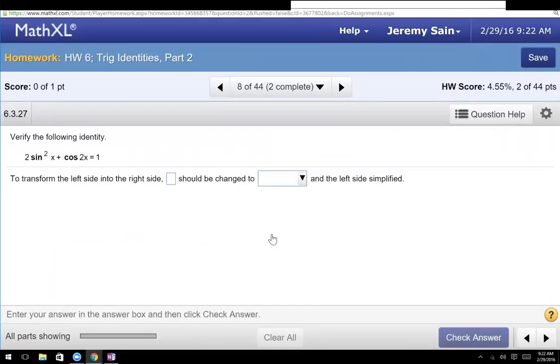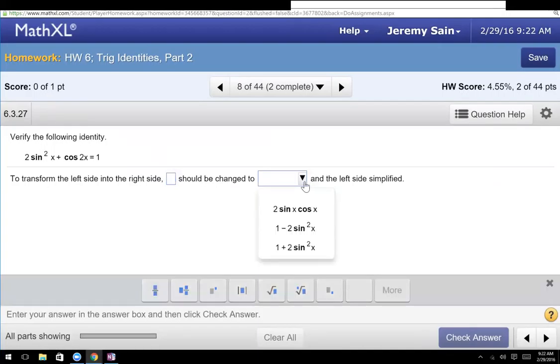Verify the following identity. So, what are my options? If I look at the options, there's only one that makes any sense at all. There's 2 of them that make sense. We don't have anything that has 1 plus 2 sine squared in it.